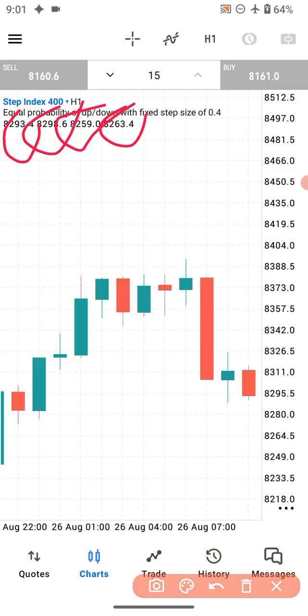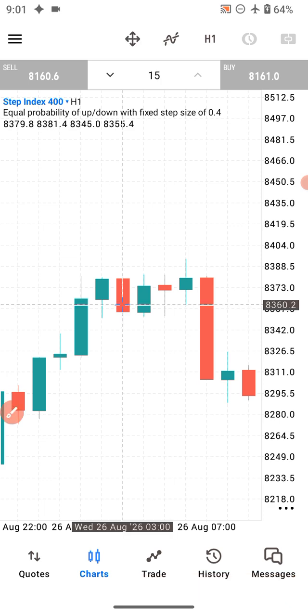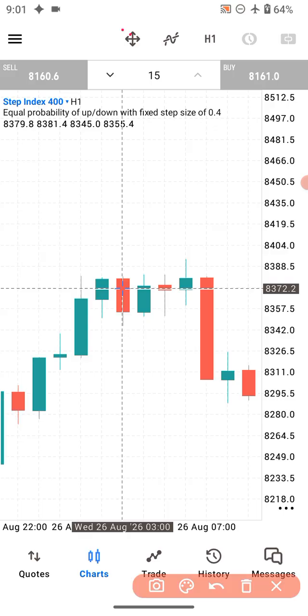So if I make use of this cross here and point it on this red candle, what displays is the open, the first you see here.